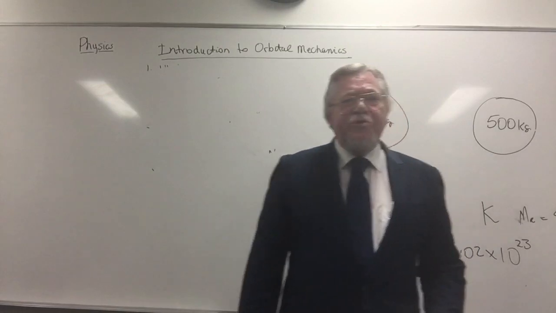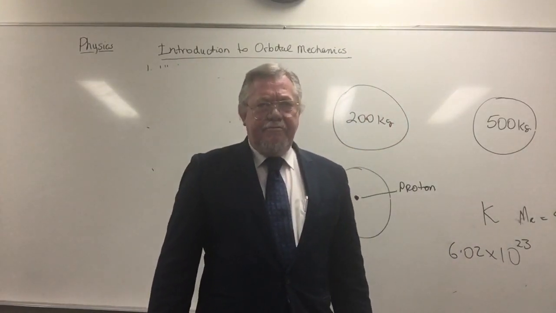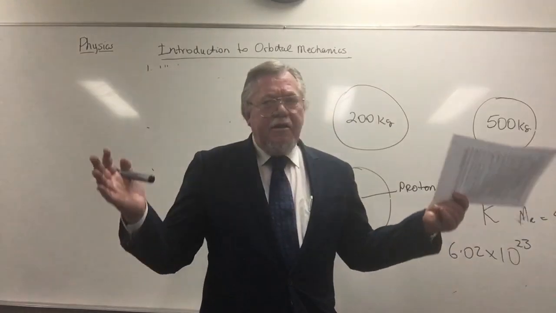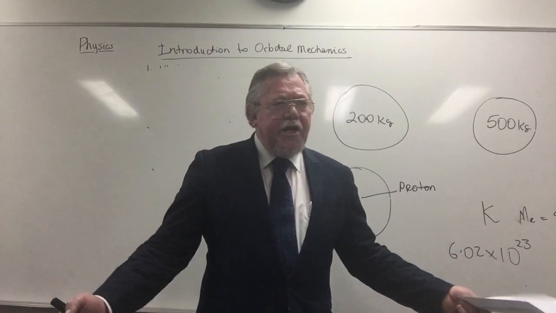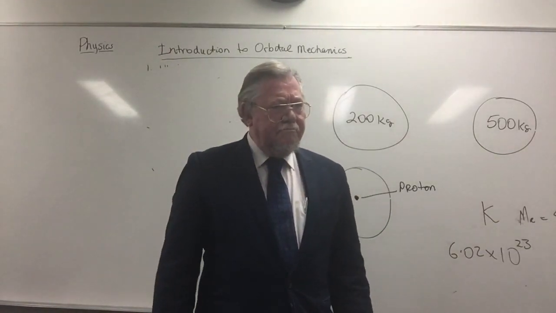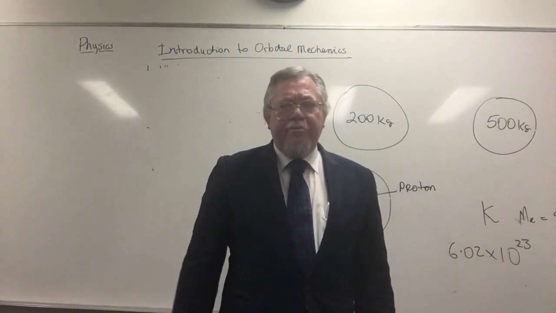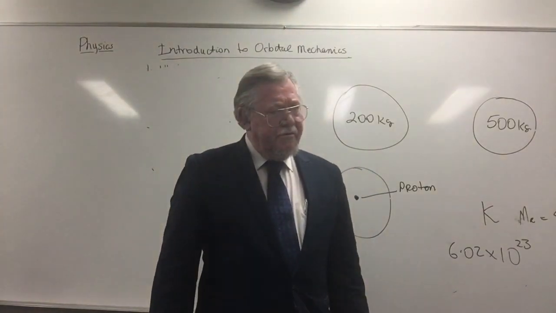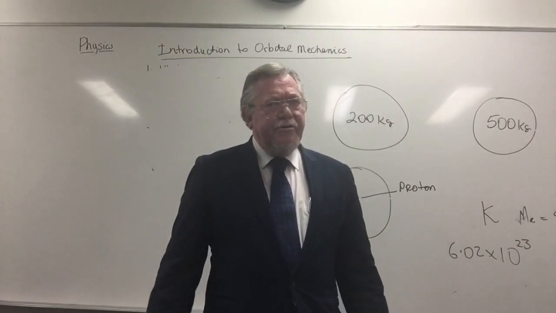What is the difference between lead and gold? 3 protons. Lead turns into gold by removing 3 protons. That's it. Gold turns into lead by adding 3 protons. Protons are protons. Neutrons are neutrons.